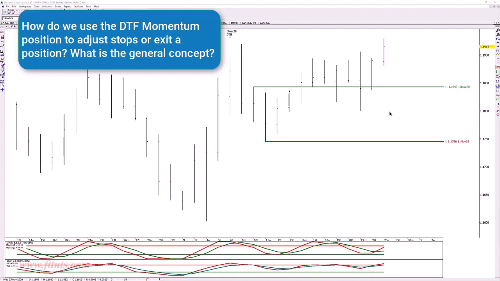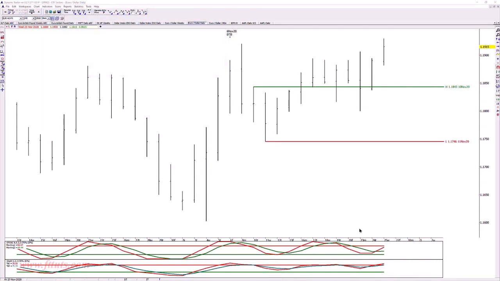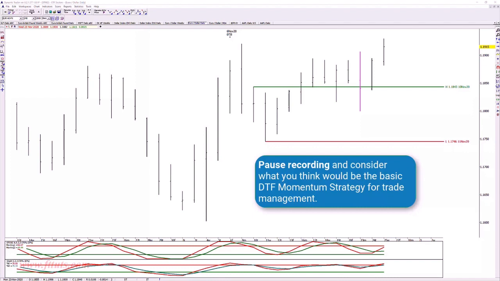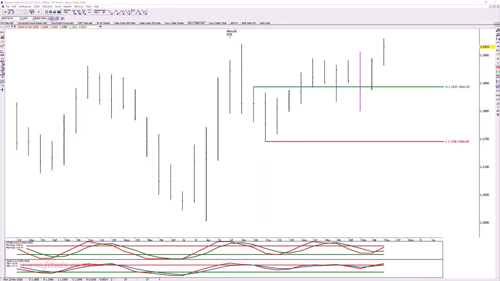How would we use the higher time frame momentum and the lower time frame momentums for a basic dual time frame momentum trade strategy? So pause this playback and think about that. Just in general, don't get paralysis of analysis, just the basic strategy that you might think would be useful. Okay, you've restarted the playback.